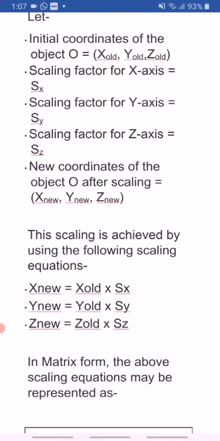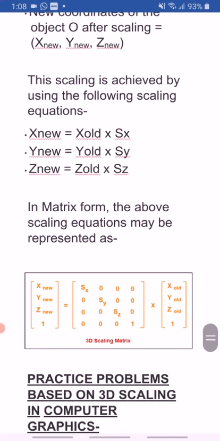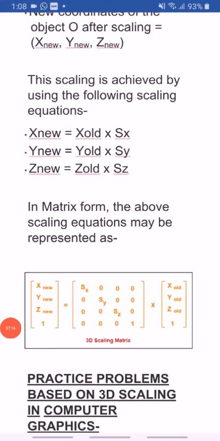So we can find x new using the equation x new equal to x old into sx, y new equal to y old into sy, z new equal to z old into sz, and we can represent scaling using a matrix also. This picture represents the 3D scaling matrix.